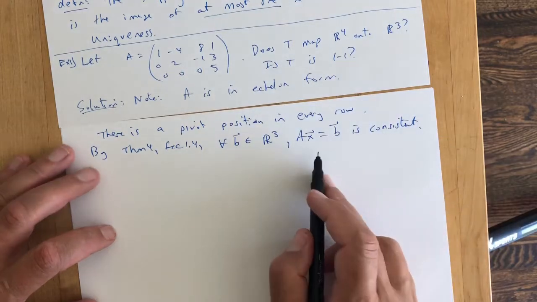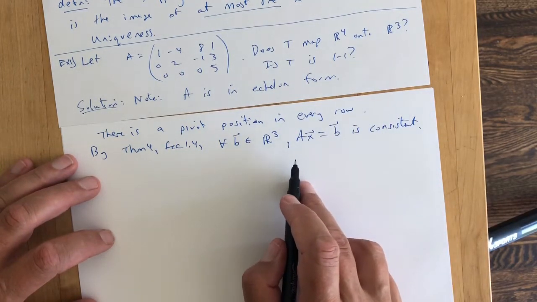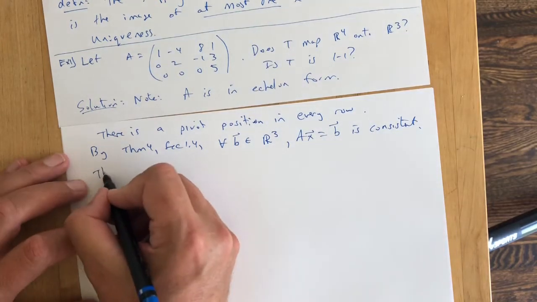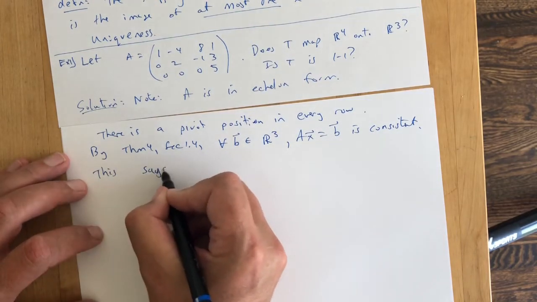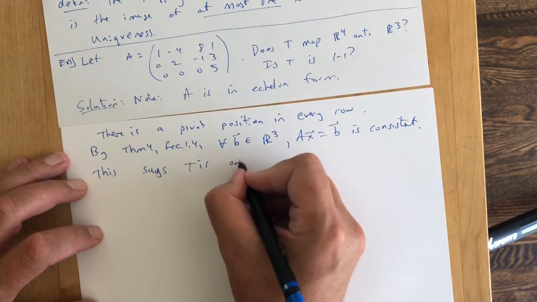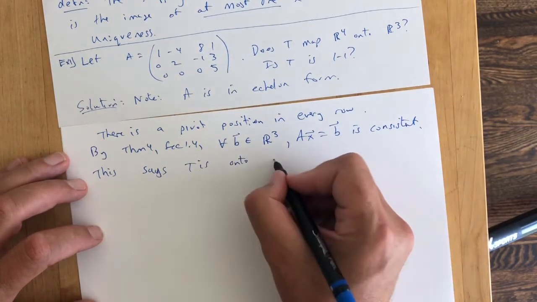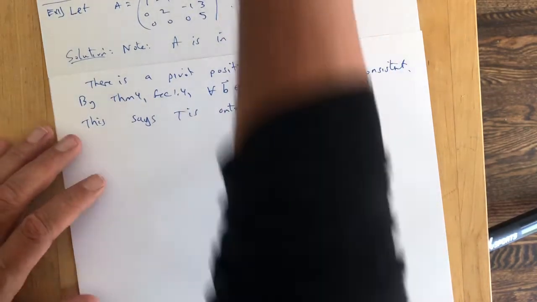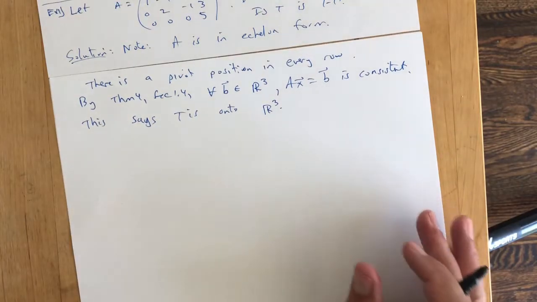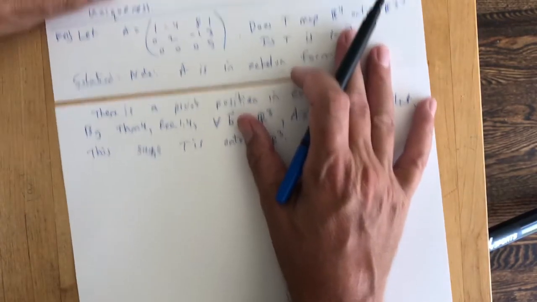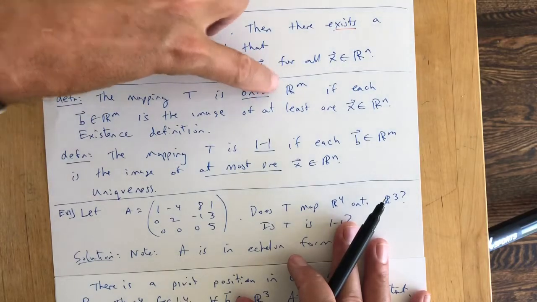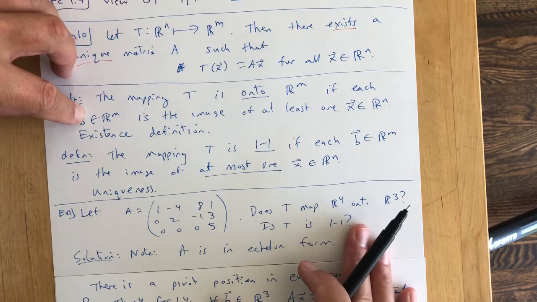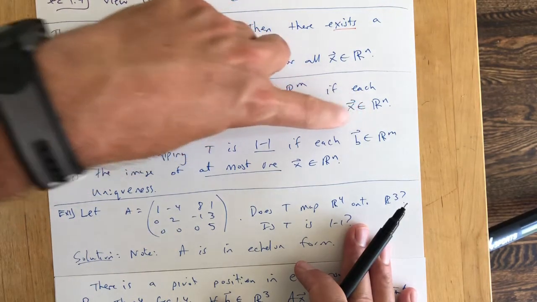This is theorem chasing, right? So that says T is onto R3. Now this really needs to marinate for a second, okay? What we're trying to show here, using the definition of onto-ness, is: if you give me any b in Rm, which in this case is R3, is there at least one x in Rn that maps to it?